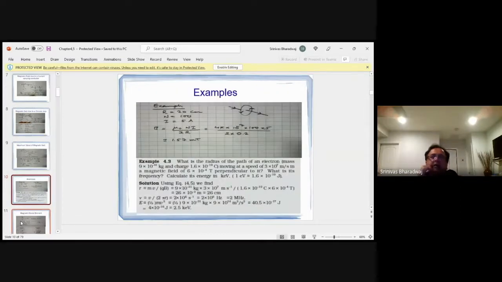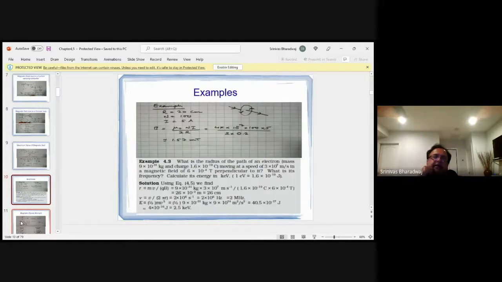Okay. So, what is the radius of the path of an electron moving at a speed of 3 times 10 to the power of 7 in a magnetic field perpendicular to it? So, this is q times v cross B, right? Q times v cross B is the force, but the force is perpendicular to the velocity because the magnetic field is perpendicular.